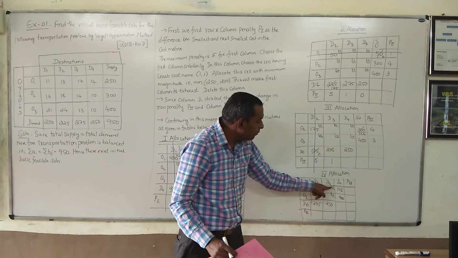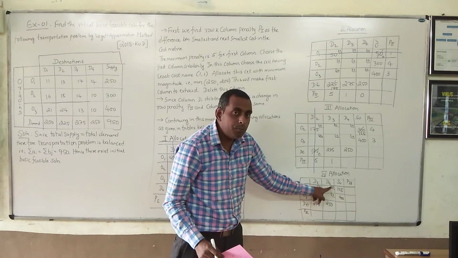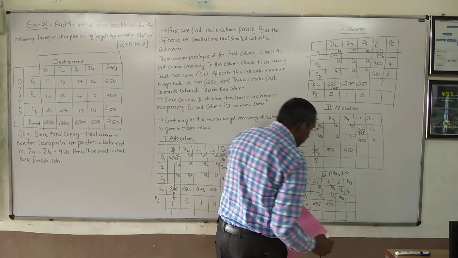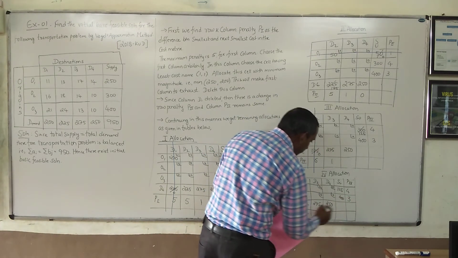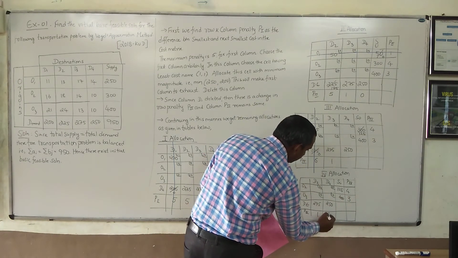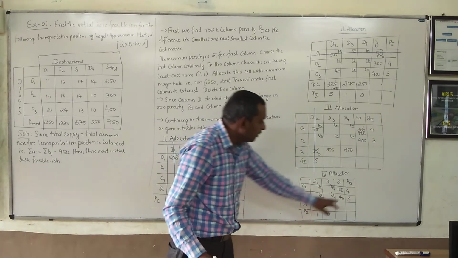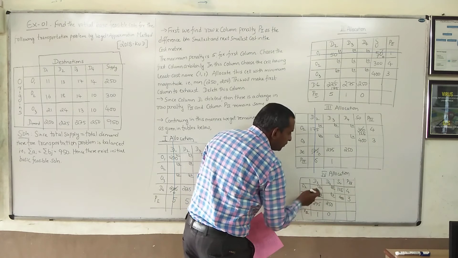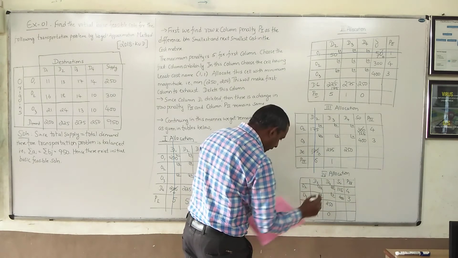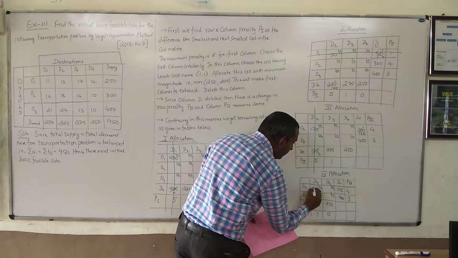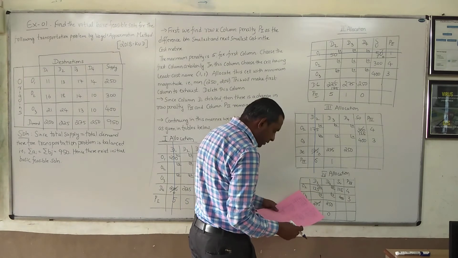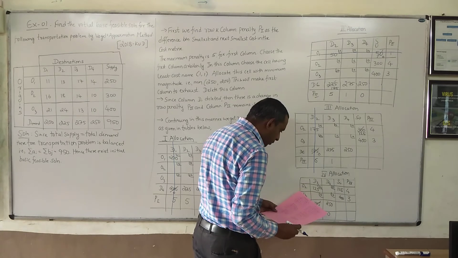Again find the smallest, and the difference between the smallest and the next smallest is 4. Next one is 3 here. Here it is 1. Here it is 0. So the largest is 4. So I will choose this column. So it becomes 125 here.